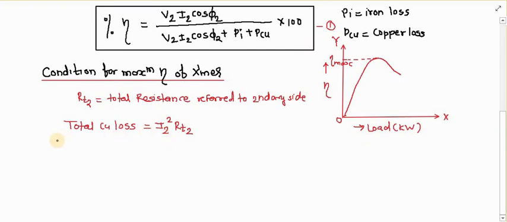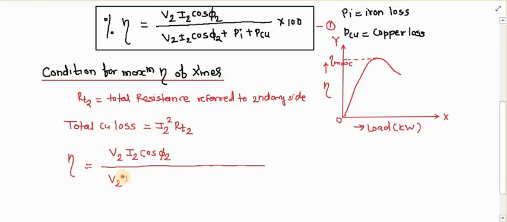Now, from equation number 1, what is my corresponding efficiency? My corresponding efficiency will be V2 I2 cos phi 2, or simply phi, because the primary power factor and secondary power factor of the transformer are almost the same, divided by V2 I2 cos phi 2 plus Pi plus, what is total copper loss now? It will be I2 square RT2, into 100.